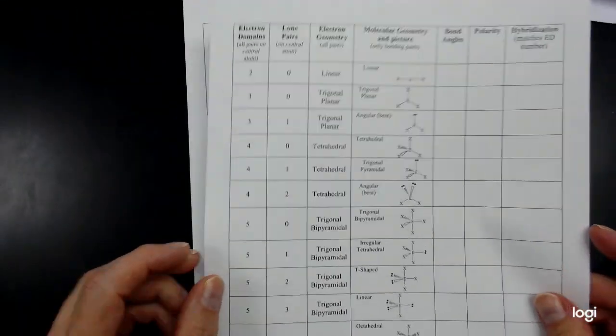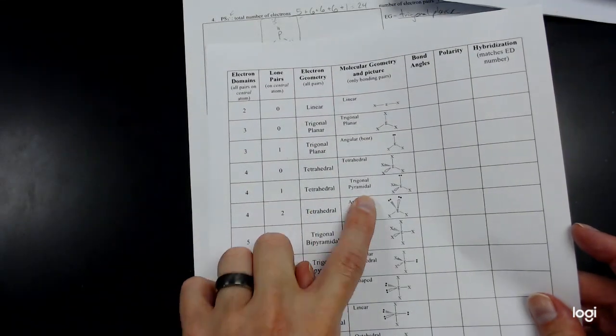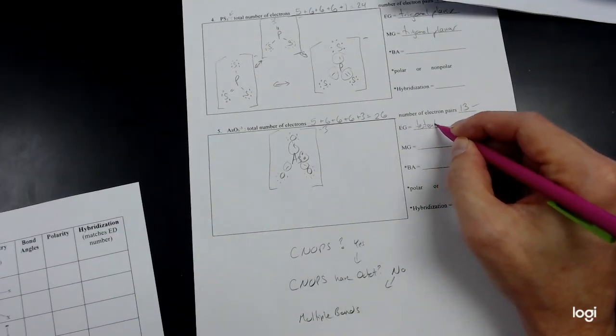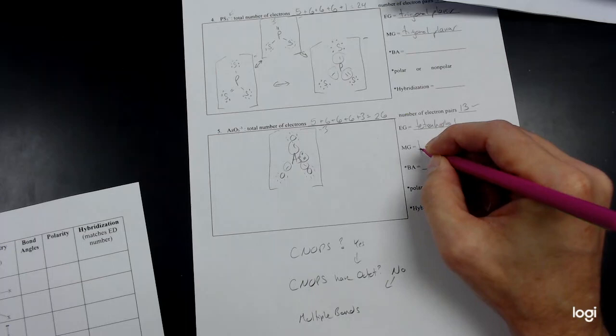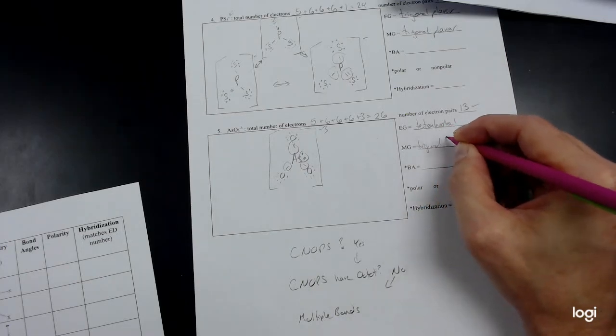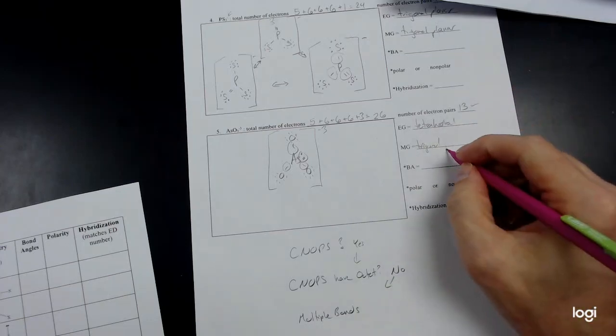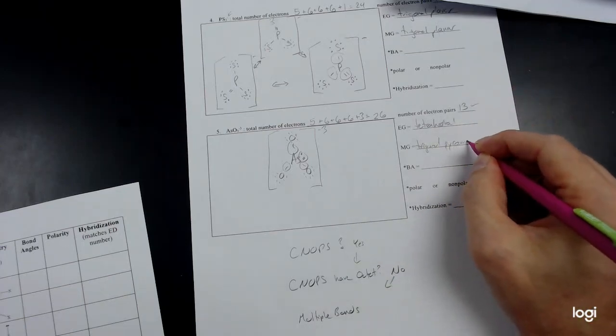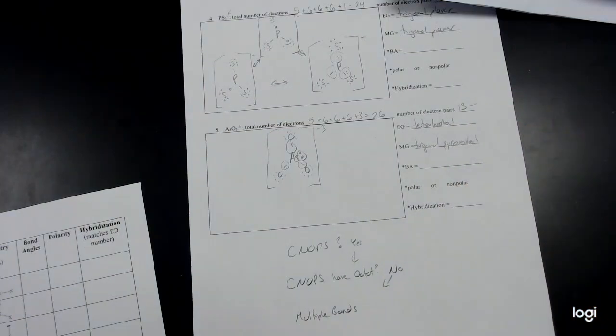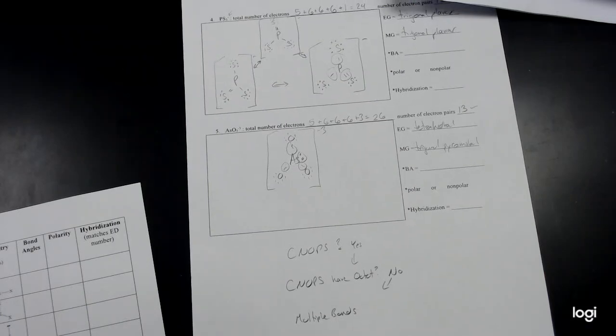So it is a 4-1 combination. So I'm going to put tetrahedral here. And I'm going to put trigonal pyramidal, not bipyramidal. I almost wrote bipyramidal. And there we go. All right, so that is how we handle the SYNOPS elements.